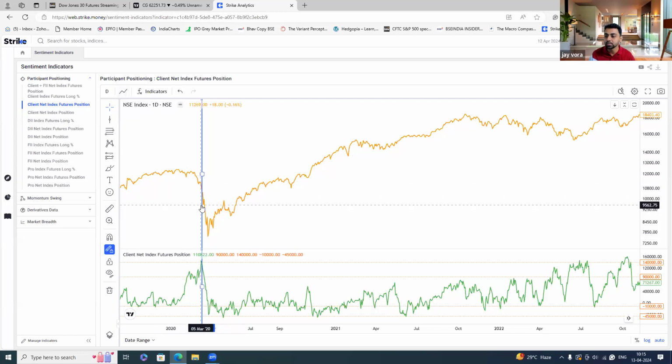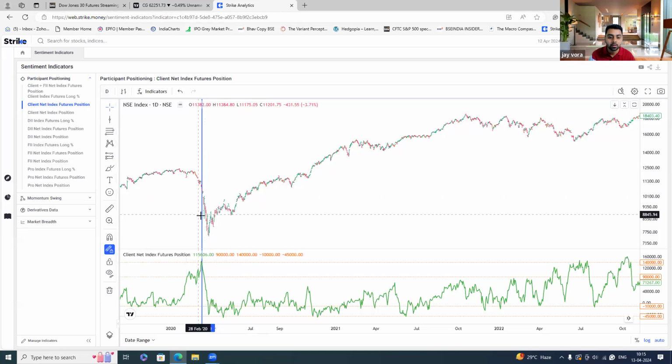Somewhere around this part, we were at minus 10% on lower circuit, and from there it had recovered. So there were some meaningful bounces that we had got from time to time over here.